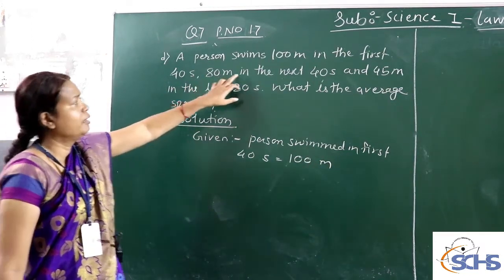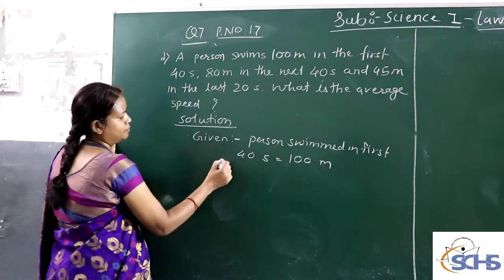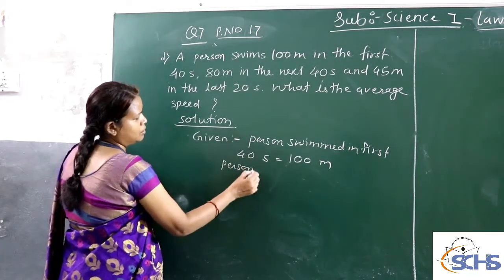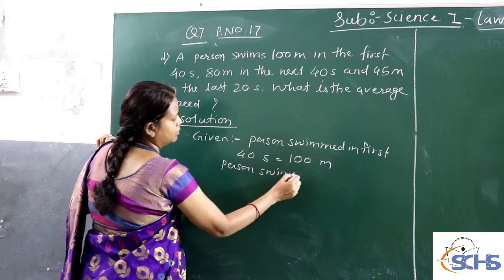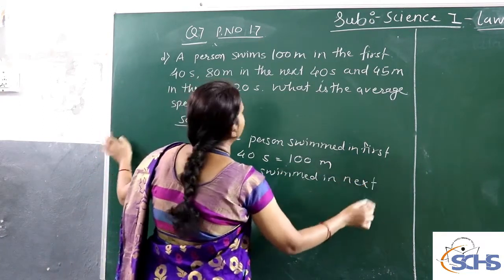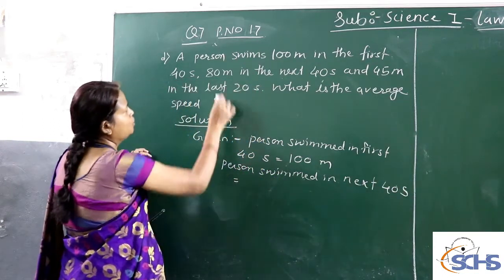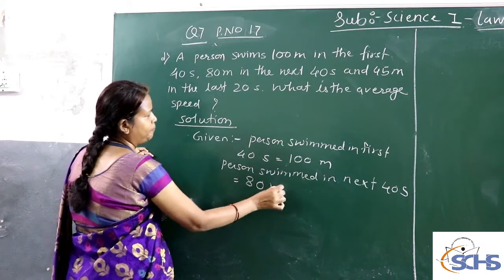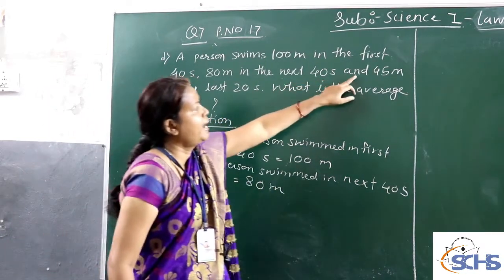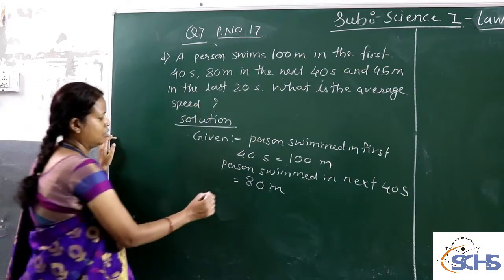80 meter in the next 40 seconds. Person swim in next 40 seconds is equal to 80 meter, and 45 meter in the last 20 seconds.